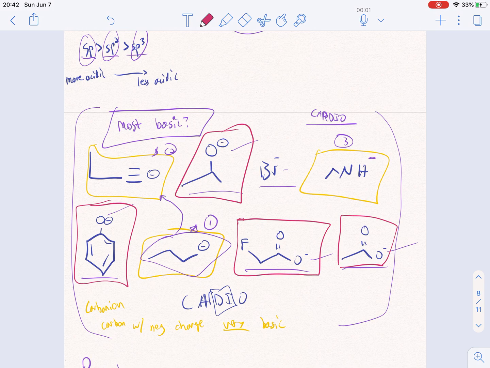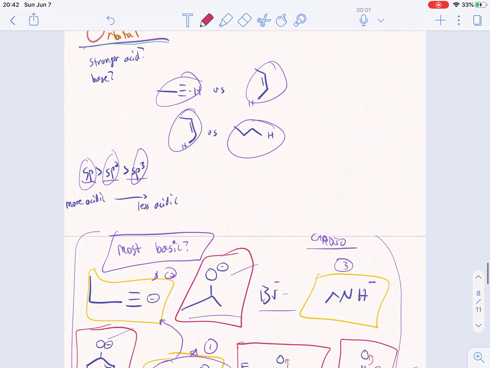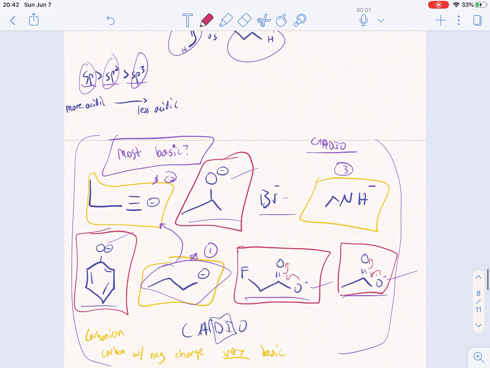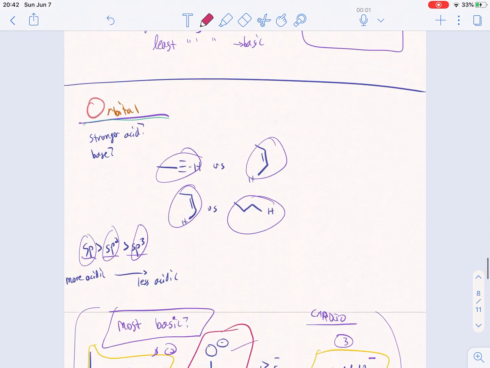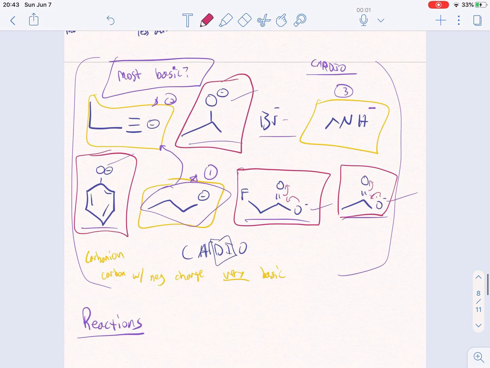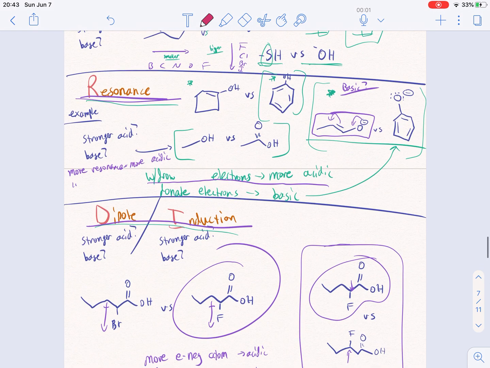There's some resonance here, which is kind of gonna jack up the basicity, right? If there's resonance, then it's gonna be a little less basic. But okay, so let me explain this resonance.